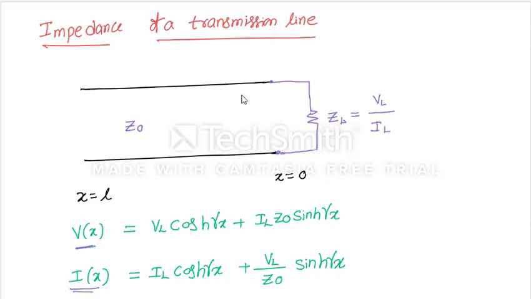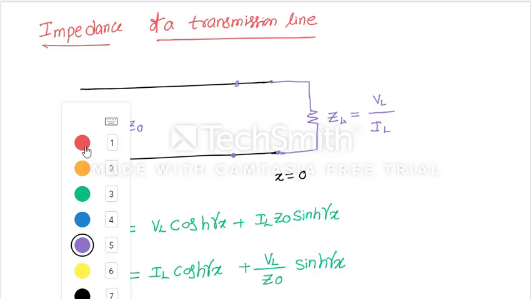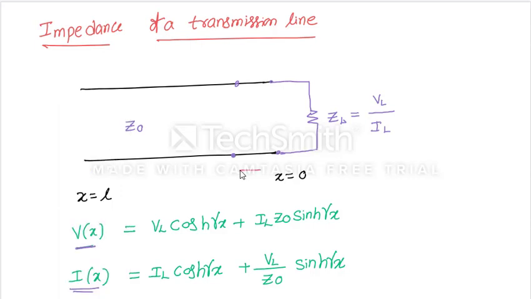Now let us consider we have taken some point here. Let us say this point is at a random distance x from the load. At that location, I can call the voltage V of x.